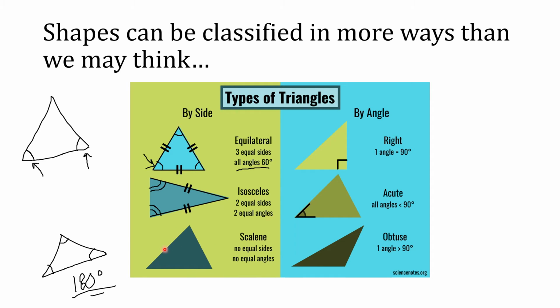Not making any of the tick marks and not drawing in any of the arcs for the angles just means that there are no equal sides and there are no equal angles. Alternatively, if you wanted to make it really clear that they're all different lengths, you could put in one tick mark here and two tick marks here and three tick marks here.